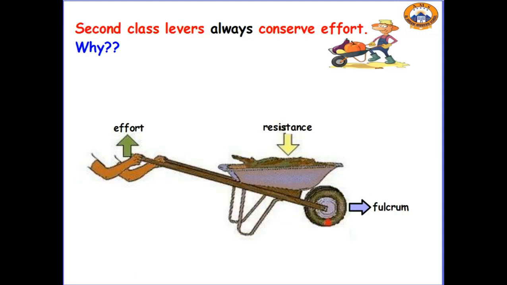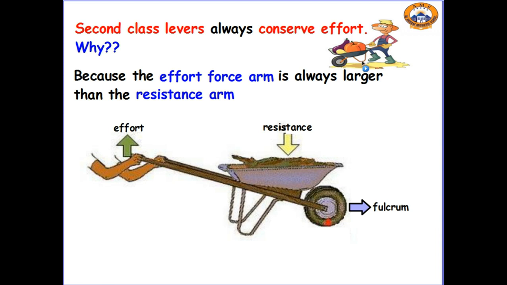Let's look at the second class levers. The second class levers always conserve effort. Why? Because in the second class levers, the effort force arm is always longer than the resistance arm. Let's take an example. In this wheelbarrow, where is the effort force arm? It's the distance from the fulcrum to the effort force.